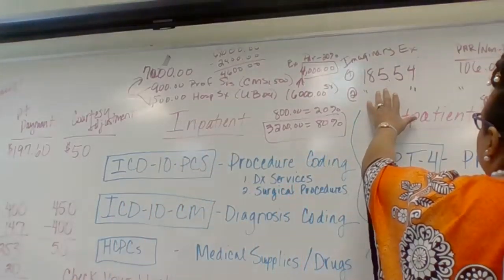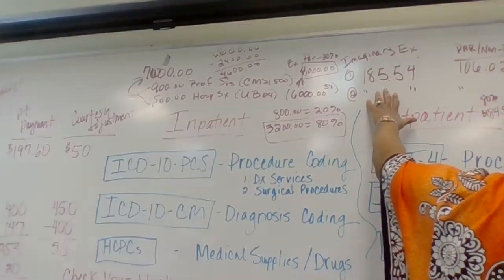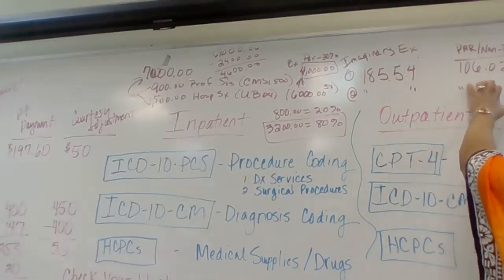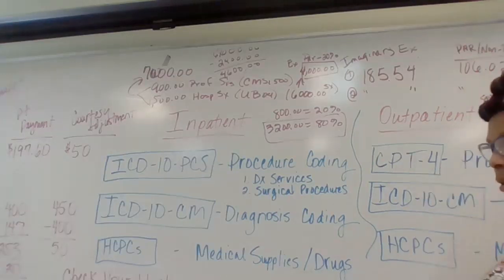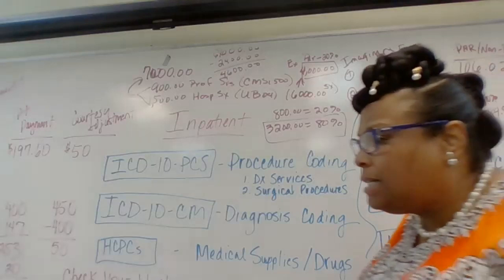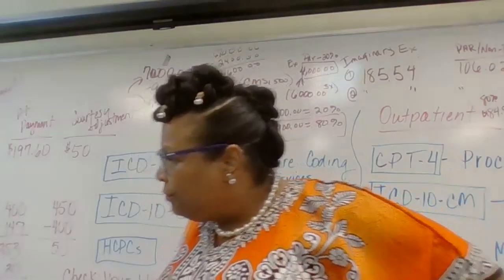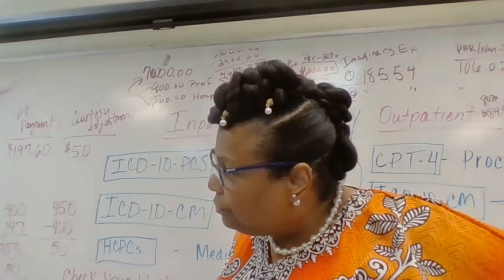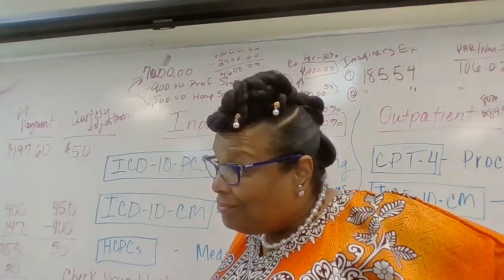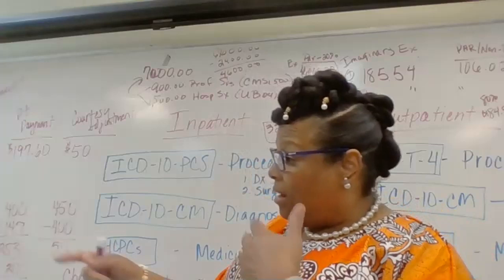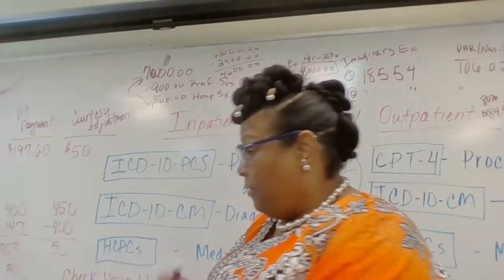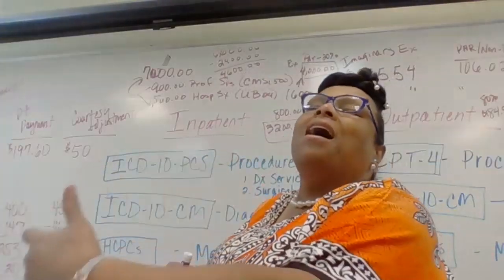Second scenario. If this $185.54 non-par provider is, how did that come out to be? Why is it 106.02, Brenda? Because that's what the agreement is between the provider and Medicare. That's what they pay us, the doctor, because they made a what? An agreement. They have a contract.